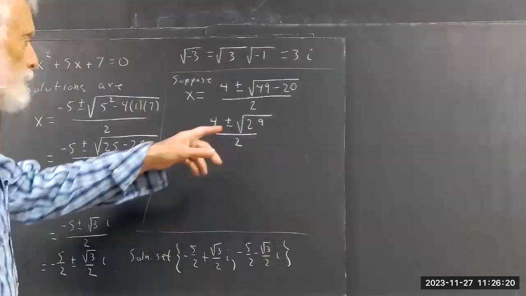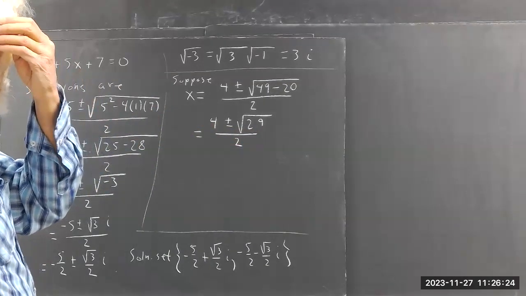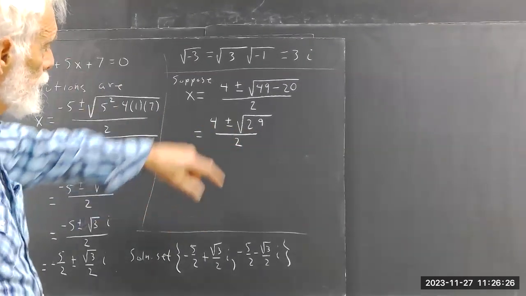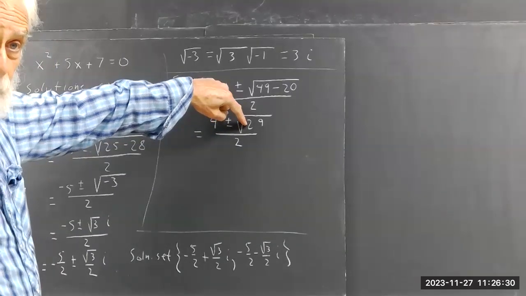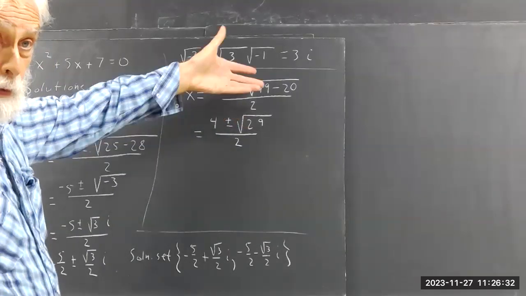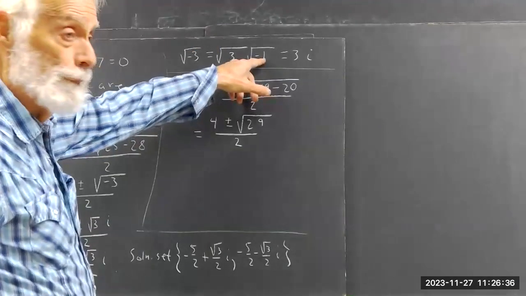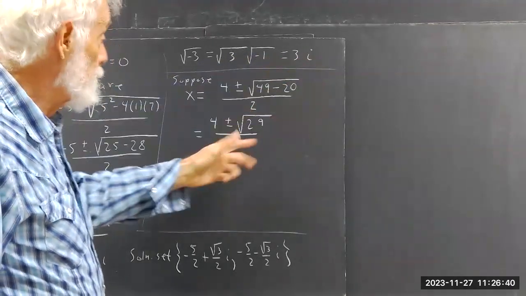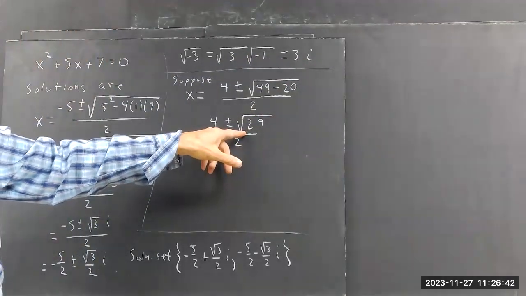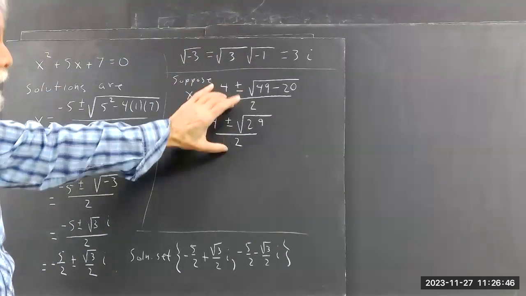We got 4 plus or minus the square root of 29 divided by 2. Now in this case, this number isn't negative, is it? Square root of 29. Here we had a negative and we had to factor out the -1 so we'd get an i when we do the square root. But that's not going to happen here because we don't have a negative. So we don't have to worry about this in this case.